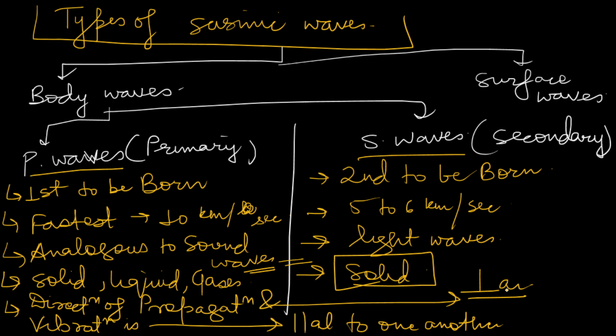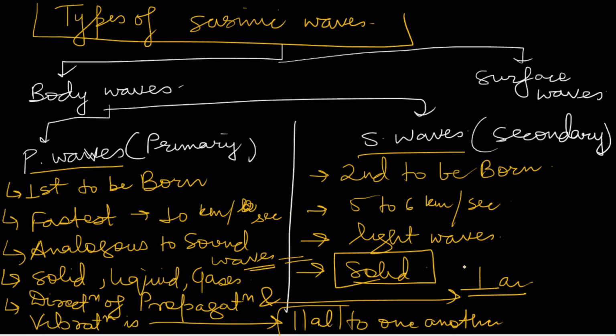So this is a very important major point, that in P waves these are parallel, whereas in S waves these are perpendicular. So do remember it. This is the differentiation between P waves and S waves, and these are the types of body waves. Now let's move to the surface waves.